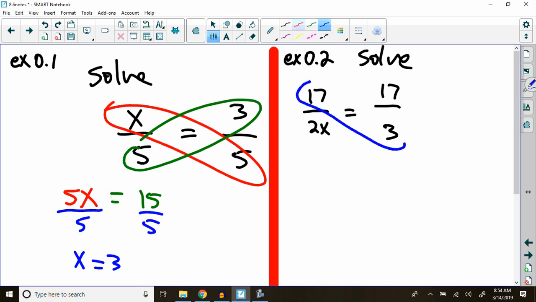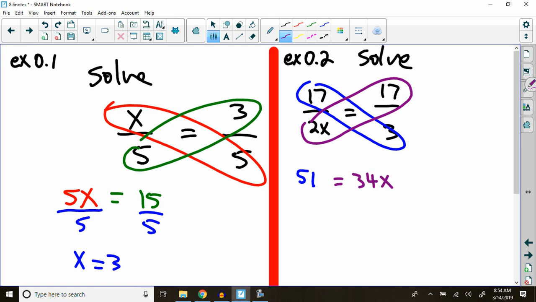So 17 times 3 is 51. And 2x times 17 is going to be 34x, right? So I'll have to go ahead and divide by 34. And so x is going to equal, now I think 51 and 34 are both divisible by 17, if I'm not mistaken. They're both divisible by 17, so that would equal 3 divided by 2.